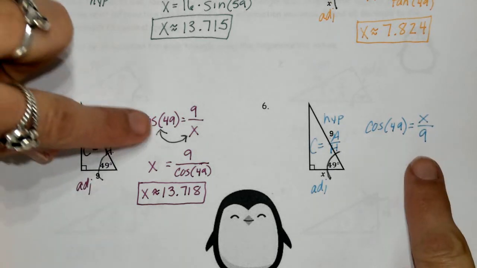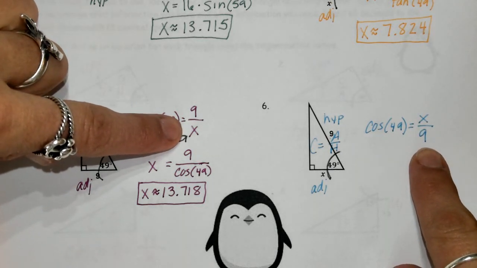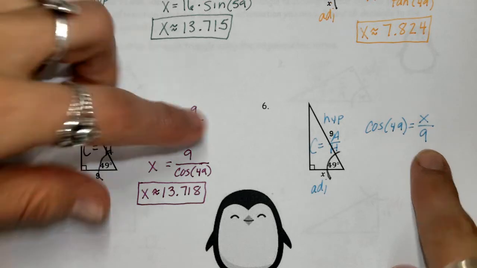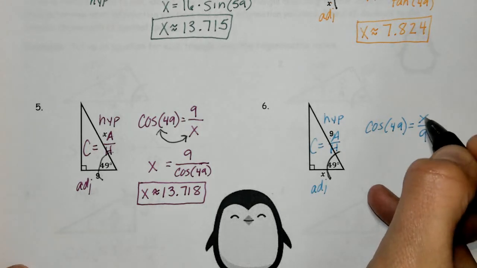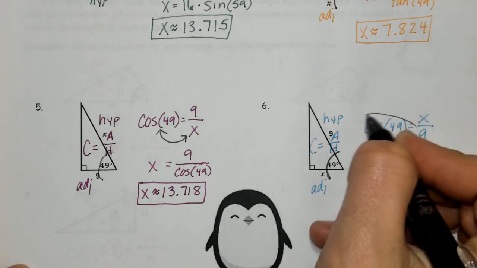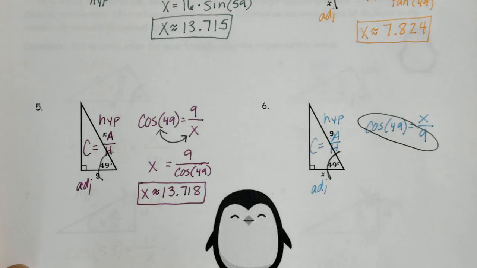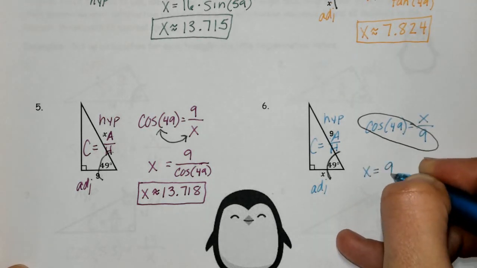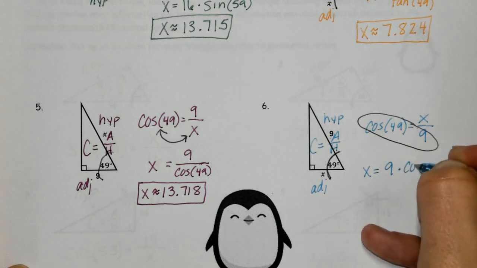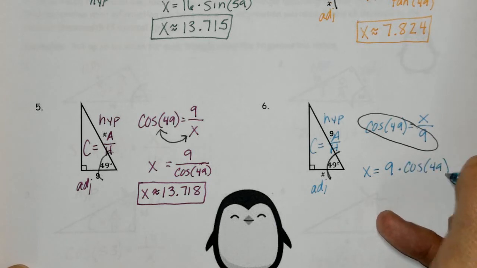So now we see the fraction is different on the left. It's a reciprocal. So now, instead of the variable being in the denominator, switch and divide, we now have the variable in the numerator, multiply. So we're just going to multiply these 2 together. So x is going to be equal to, we want to write that 9 first, then cosine of 49.